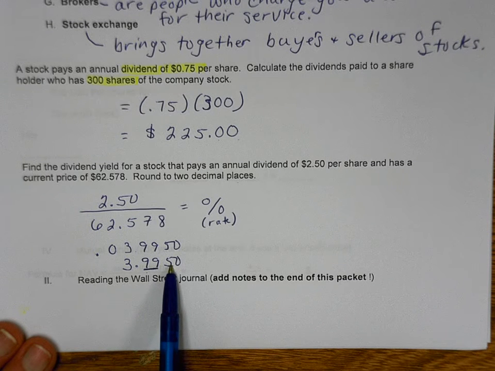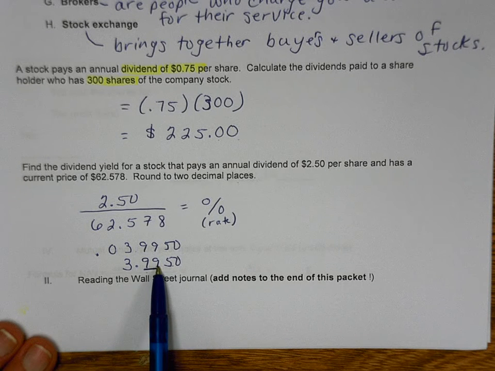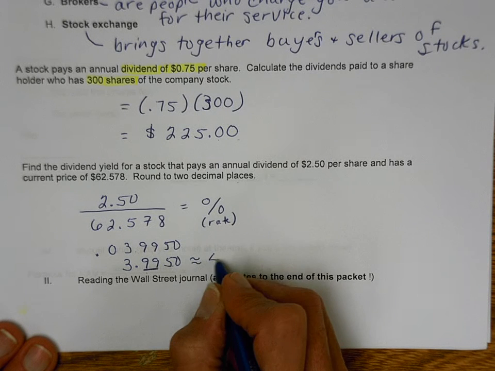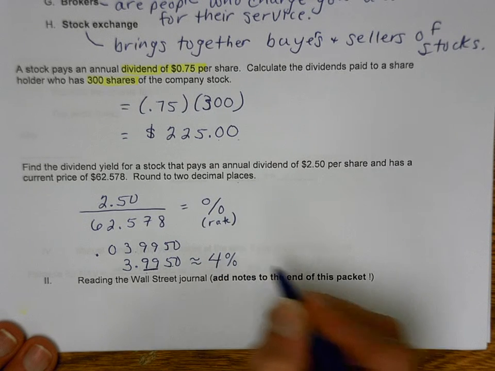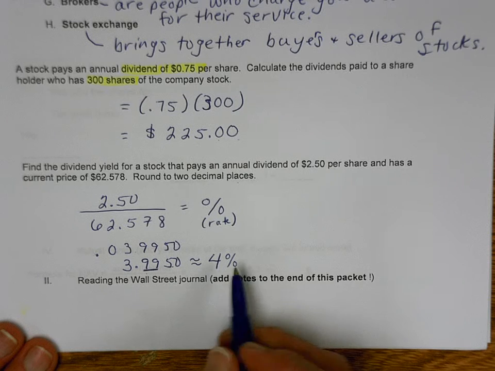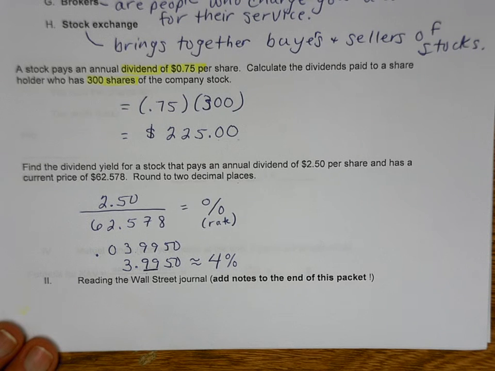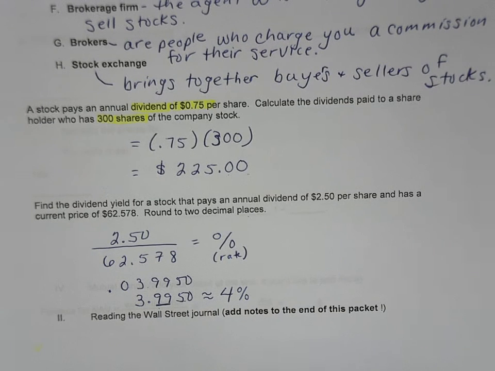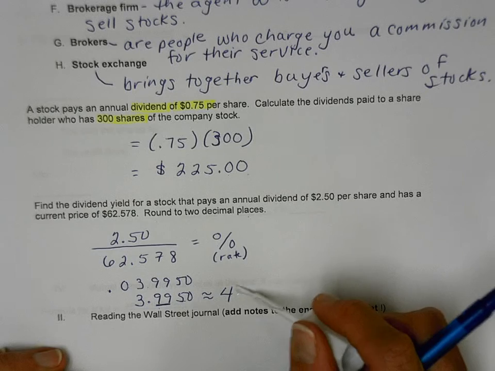Well, the 5 rounds the 9 up to a 10, which makes this round up. So we actually have about 4%. Now, if you want to write down 4.00, that's fine also. Actually, I'll follow the directions here. It says 4.00, so I'll just change that.